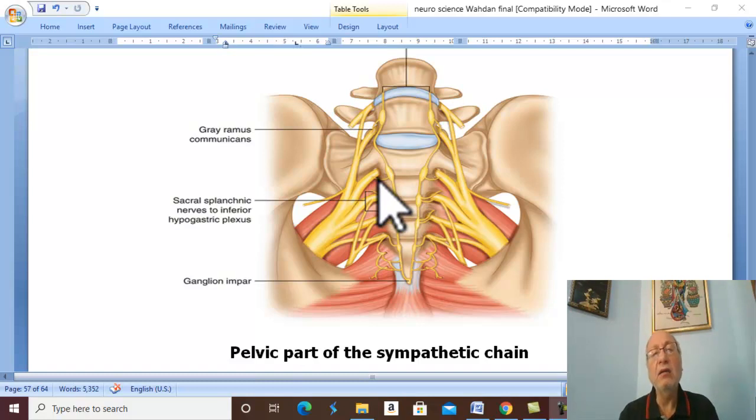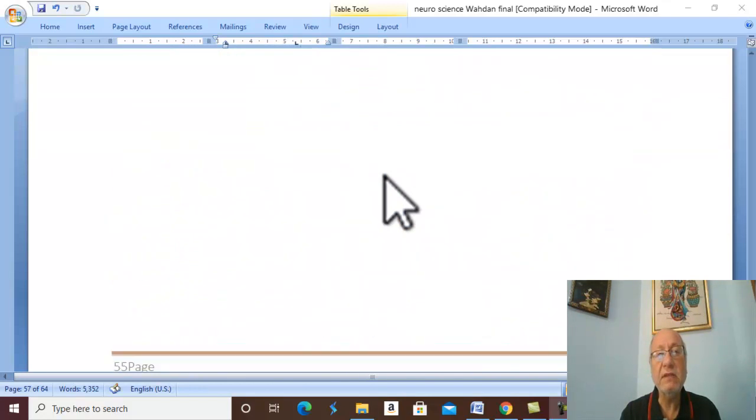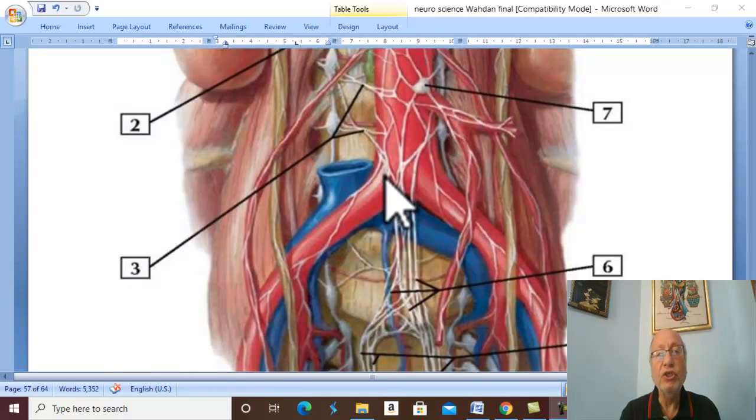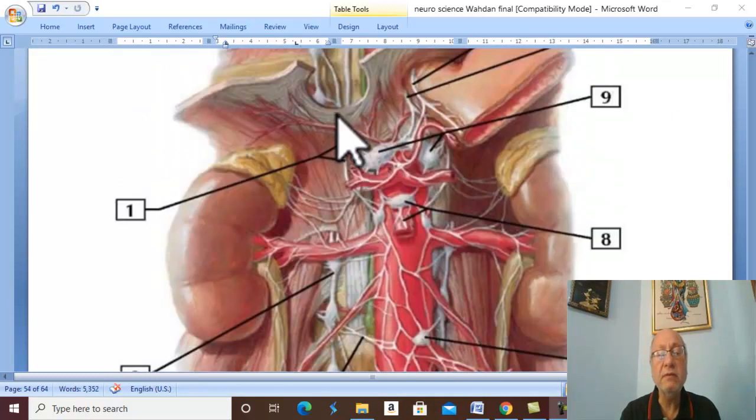The cell bodies of the preganglionic neurons originate in the lateral column of the lower part of the thoracic region and the first lumbar segment of the spinal cord, as usual.